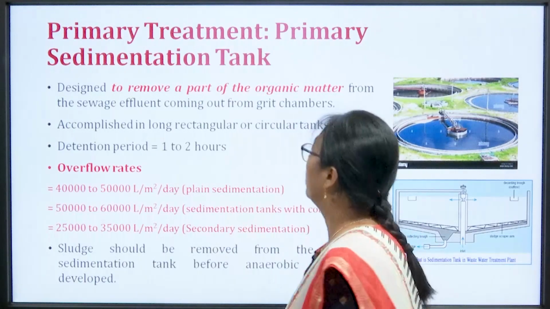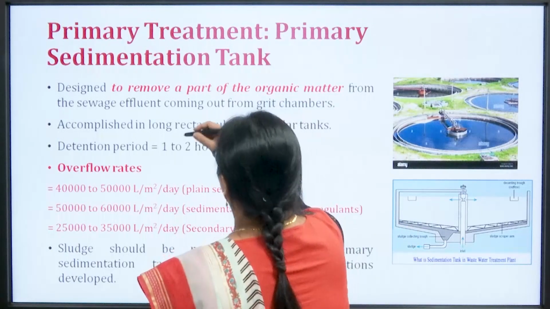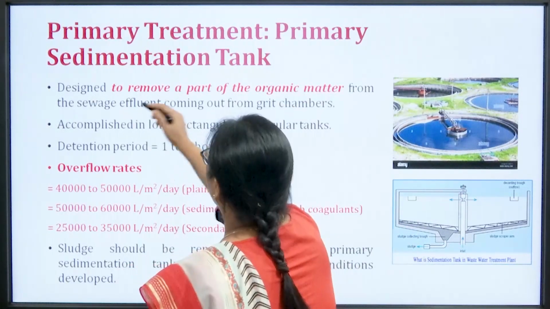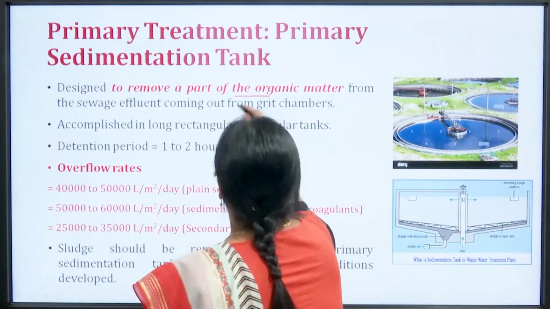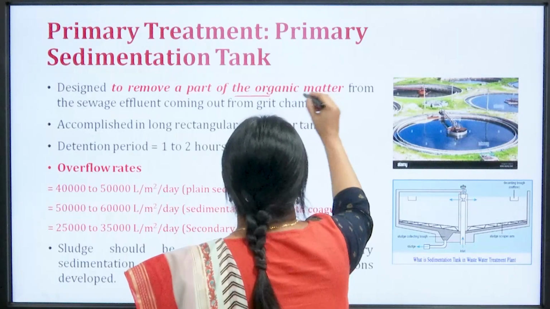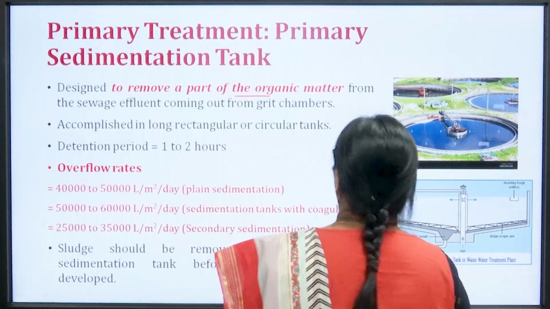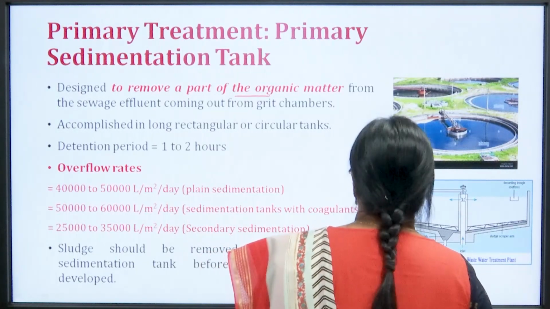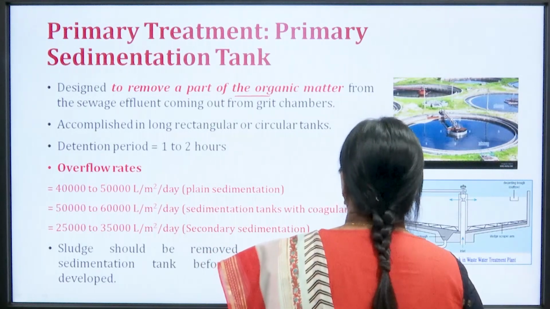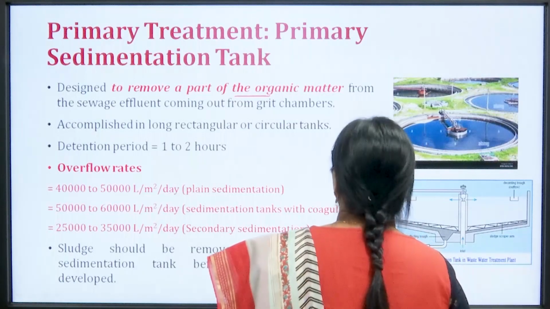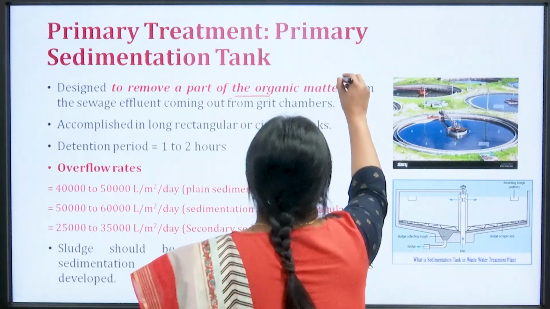So, the inorganic matter is removed by grit chambers, and the sedimentation tank is designed to remove a part of the organic matter. It is only a part, not the whole organic matter, because we obviously want to remove all of it, but that is not possible.